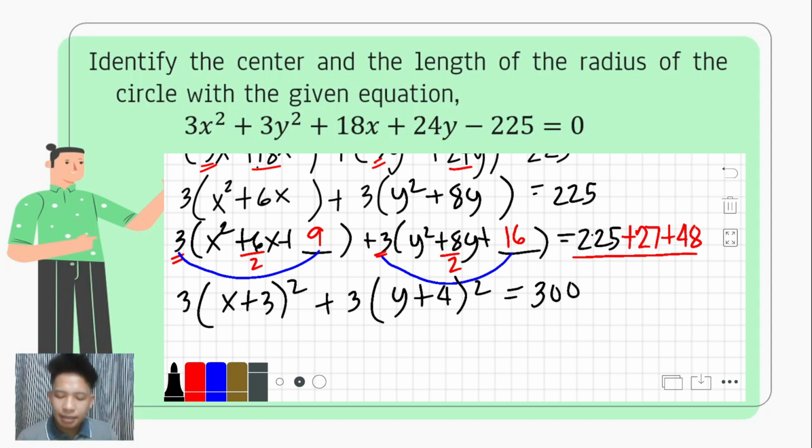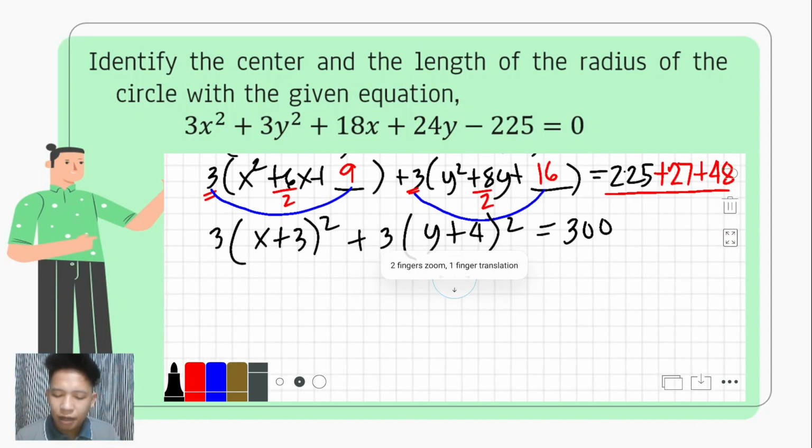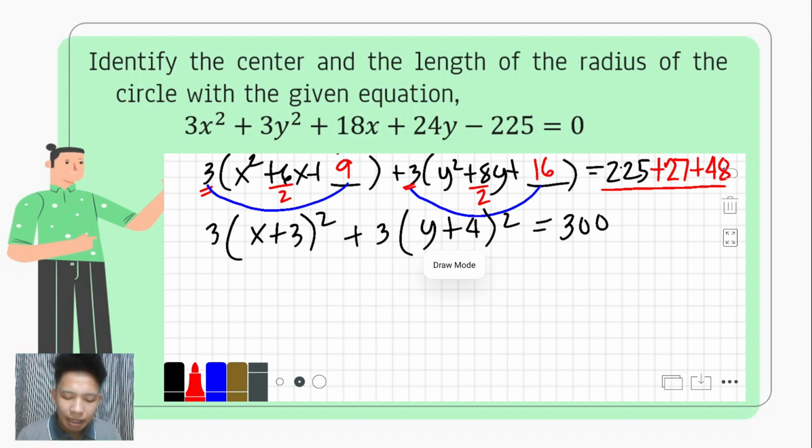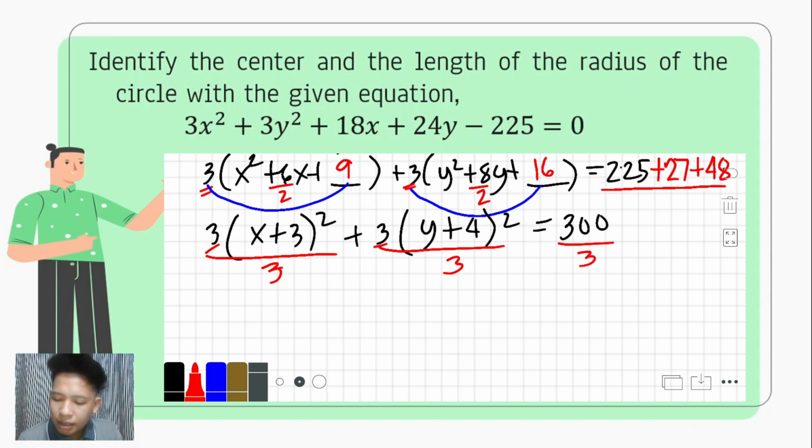Next, if you have noticed, it now looks like the standard form of the equation of the circle. But then, we still have the 3 here. So to remove the 3, what we're going to do is divide both sides of the equation by 3. We have to divide this by 3, and so with the other side of the equation.